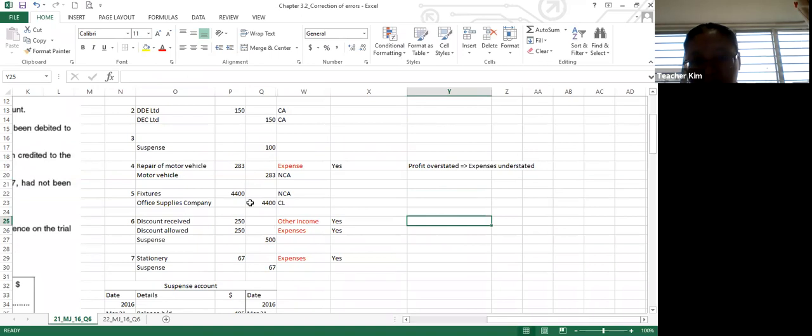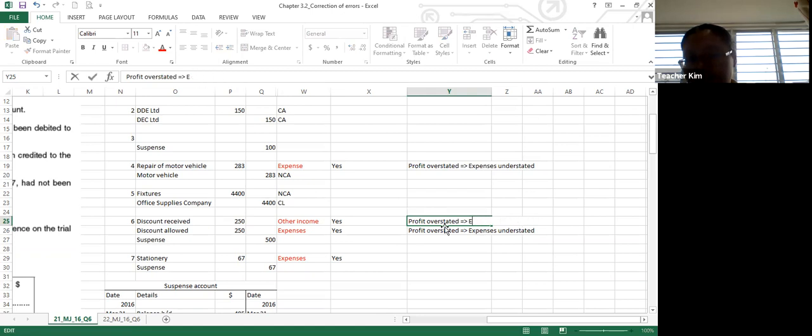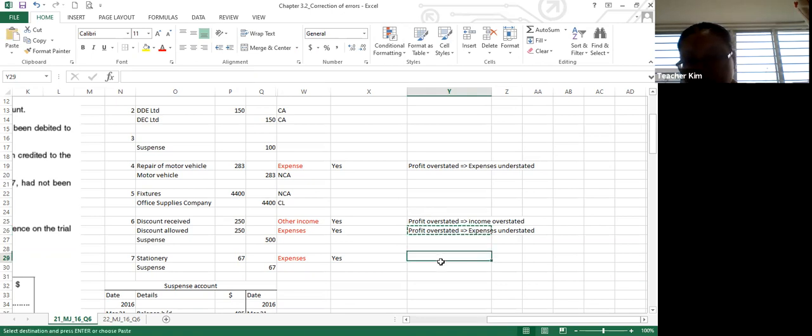Come to these two. These two are originally on the credit side. So same, expenses understated, profit will be overstated. Whereas in here, income is overstated, so profit will be overstated. This one, profit overstated because expenses understated.